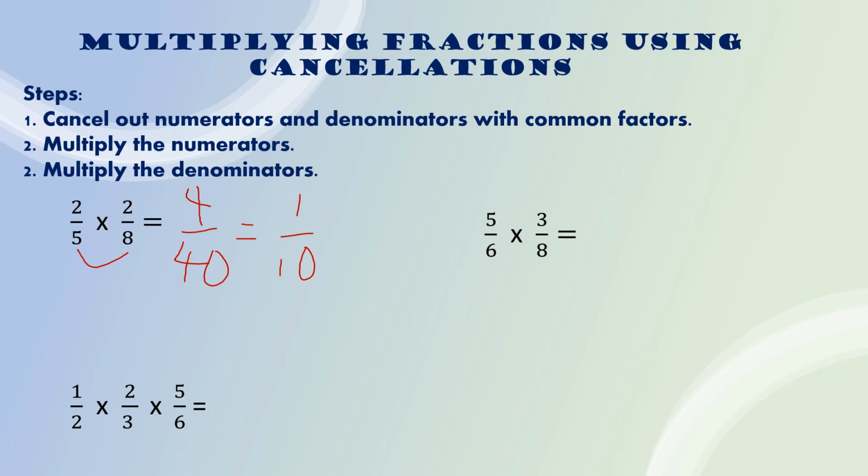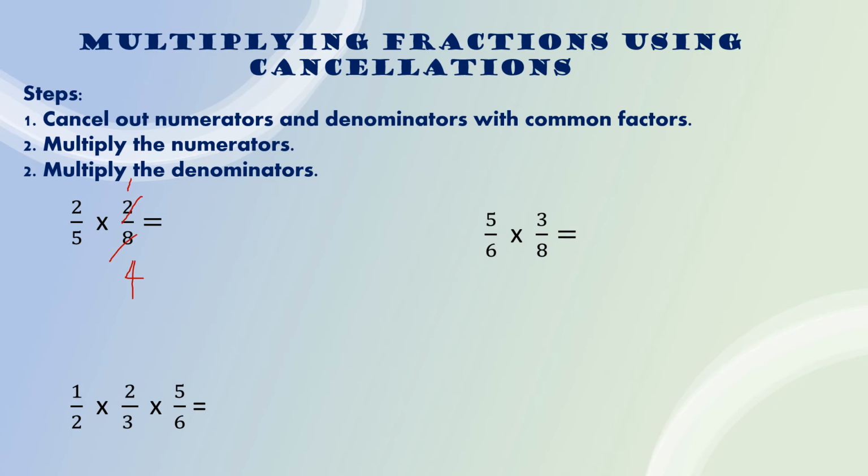So how to do that? I'm going to show you. Let's clear that one first. Here we are just going to look for a numerator and a denominator that have a common factor, and we can cancel them out, or express it in lowest term. For example, in number 1, we have 2 and 8. It can be divided by 2, and we have 1 and 4.